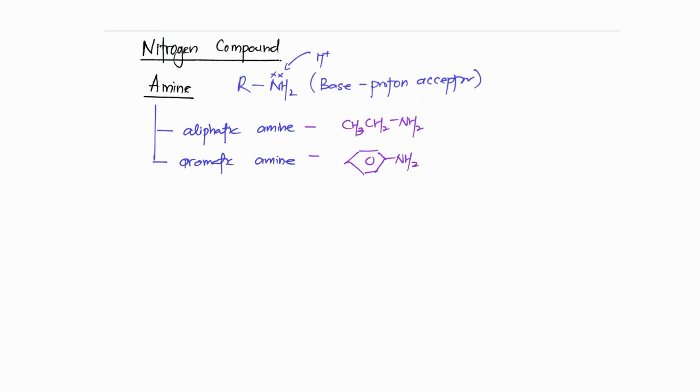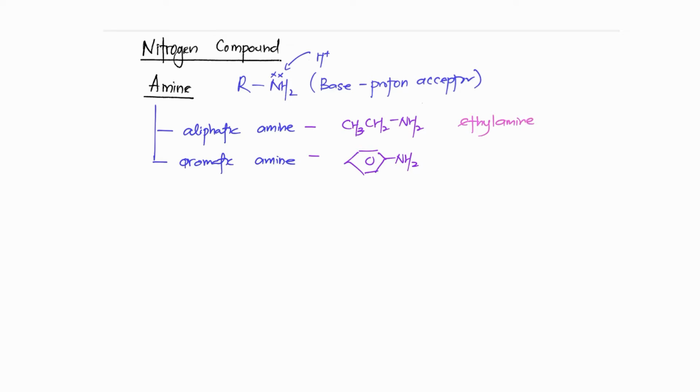So how could we name them? For aliphatic amine, we have to count the number of carbon atoms in the straight chain carbon. Like here we have 2 carbons in a straight chain, so we could put it into ethyl, where it stands for 2 carbons in a straight chain, and end with amine.